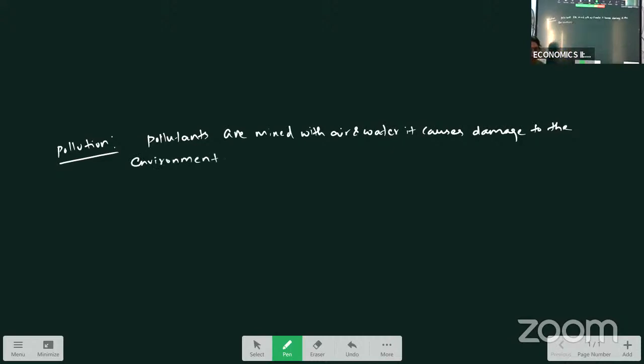Because in the economy, whatever economic activities are carried on, these economic activities will be done with the help of the environment. Because from the environment, we get the natural resources. We get the raw material from the environment. From this only, we can do the production. Production of any product is done with the resources that we get from nature.